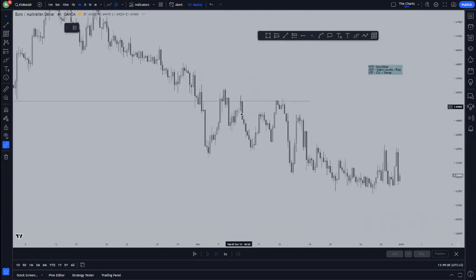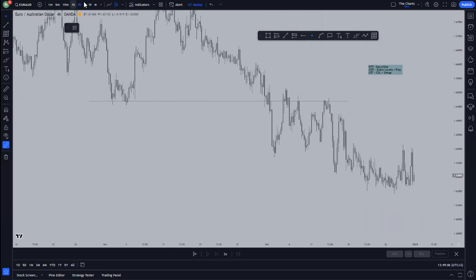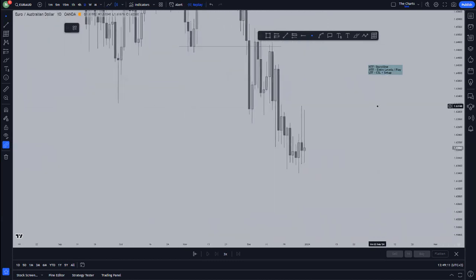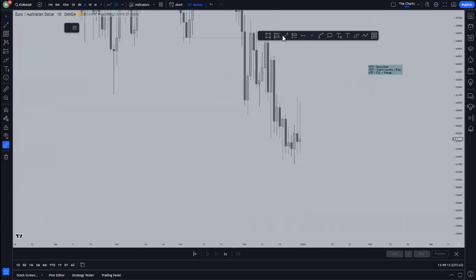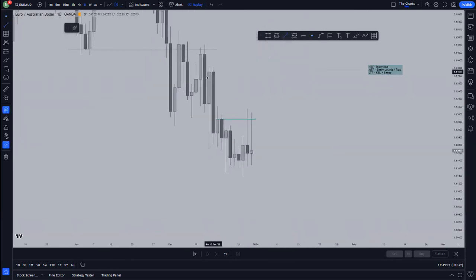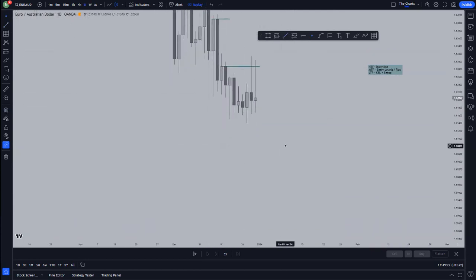We know that we had our break of structures and so forth. Now, this tells us that we are going to be looking to sell at the 4 hour, at the daily time frame entry levels. So from here, we're going to anticipate to see some plays occurring at this point, or at this point right here, going to the downside.